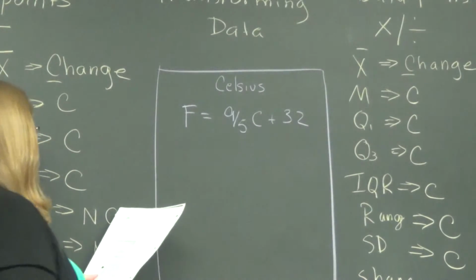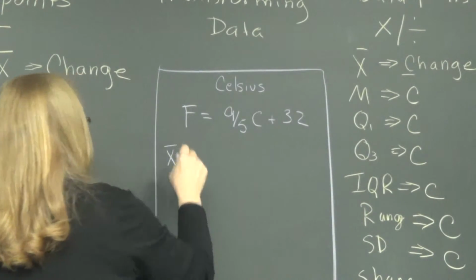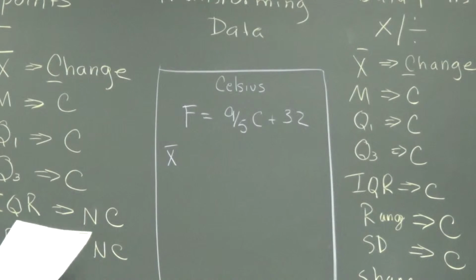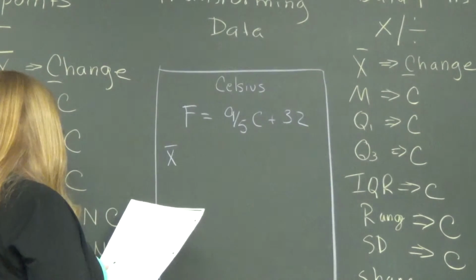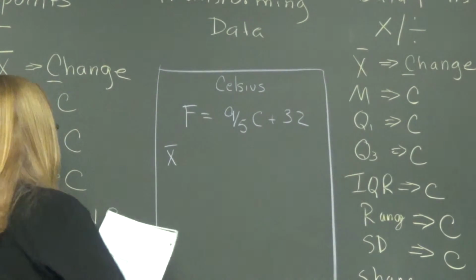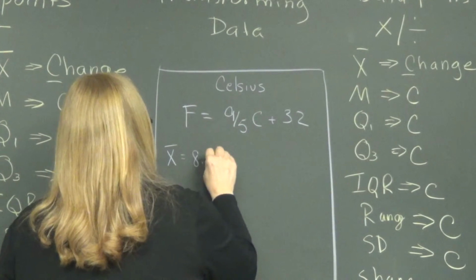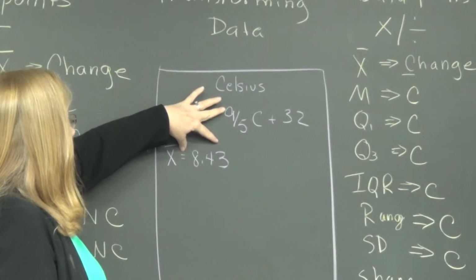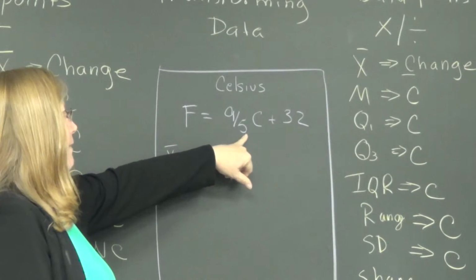So let's talk about what's going to happen to the mean. On the Minitab, Julia, what was the mean when it was in Celsius? 8.43. The mean is 8.43. So, Julia, should we take that number and multiply it by 9/5?